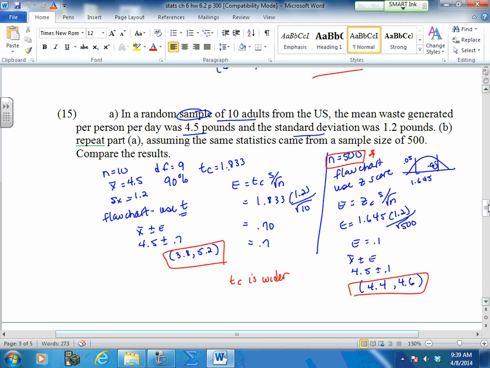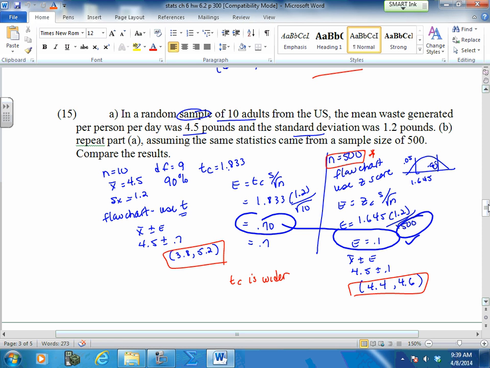Look at the difference right here, guys. How much smaller your margin of error is as your sample size got larger. As your sample size got larger, your margin of error got smaller because you were more confident about your population. So you didn't need as much wiggle room as your sample got larger.